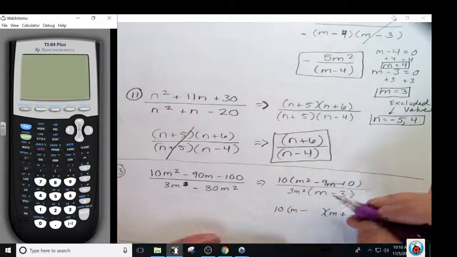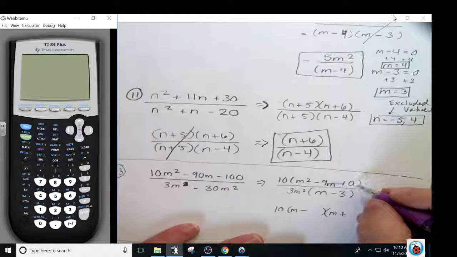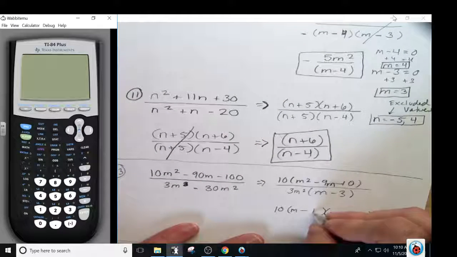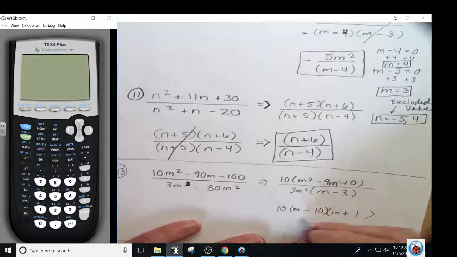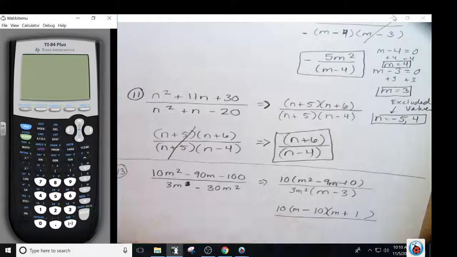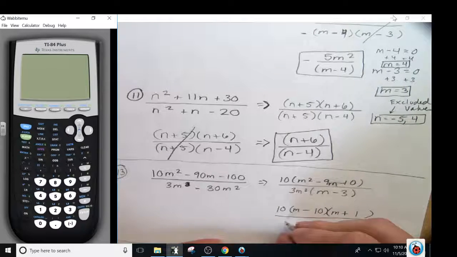Now, the two numbers I need are 10 and 1, because 10 times 1 gives me 10, and 10 minus 1 gives me 9.